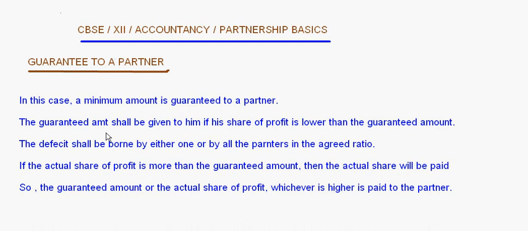Now that guaranteed amount shall be given to him if his share of profit is lower than the guaranteed amount, and whatever is the deficit will be borne by the other partners in some ratio which they have agreed upon. If they haven't agreed upon any ratio, then it will be shared in the old profit sharing ratio.